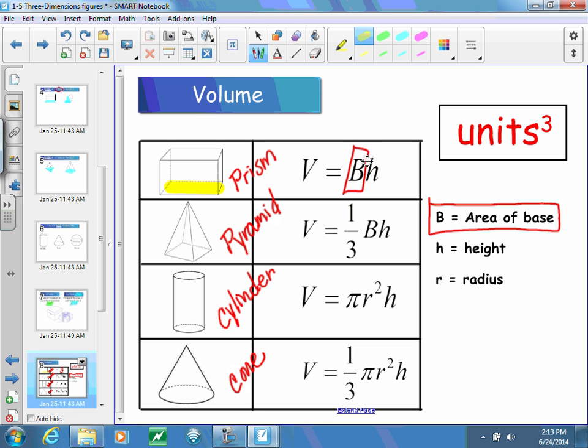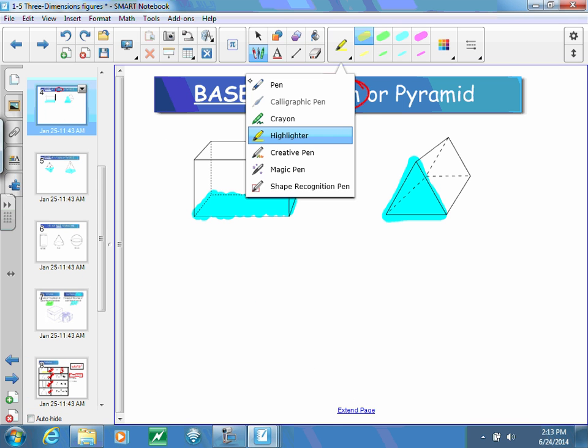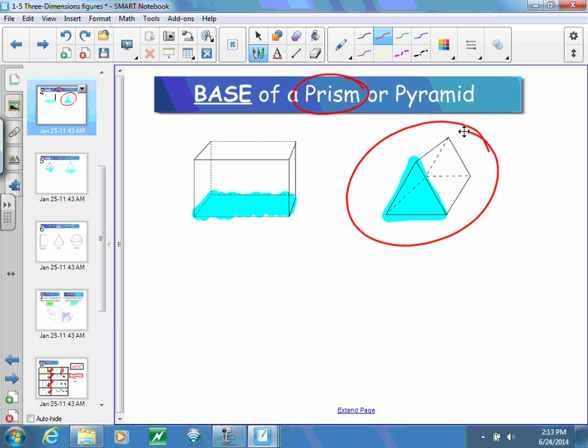Then I have to think about what's the area of a rectangle? Length times width. If I was to go back and use my triangular prism, I would have to use the formula for area of a triangle, which is 1/2 base times height. So I would have to know what the height of that triangle is along with the base to be able to find the area of the base.